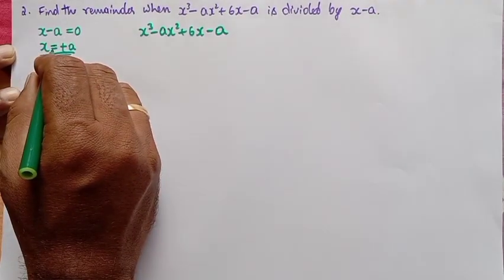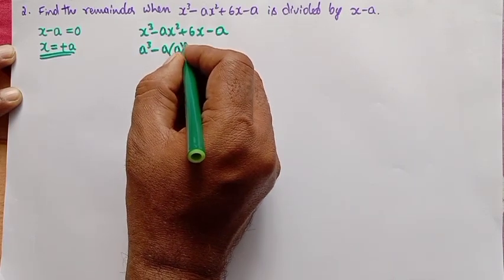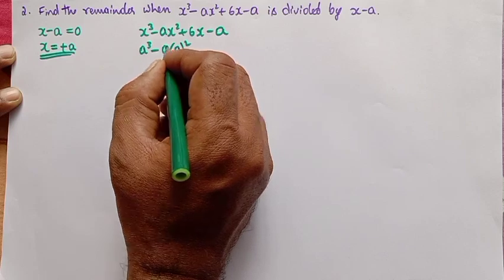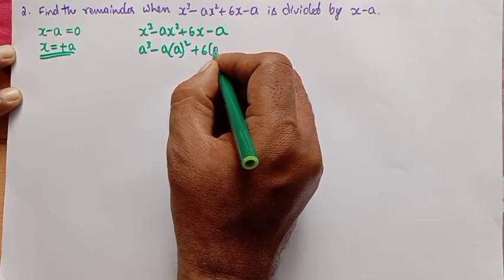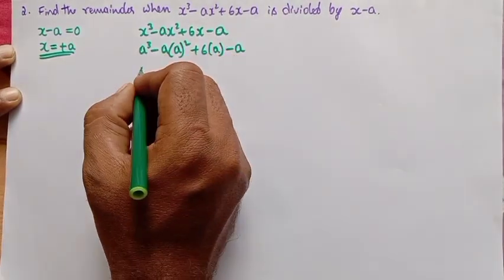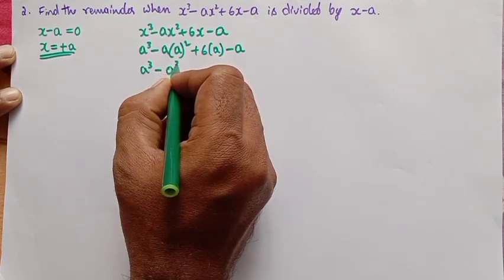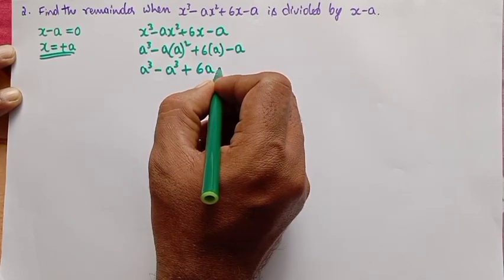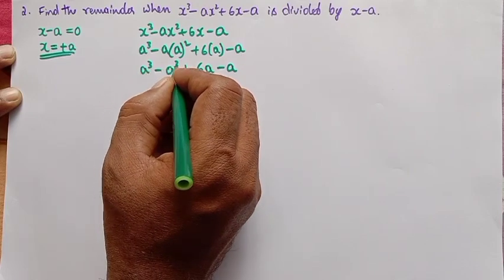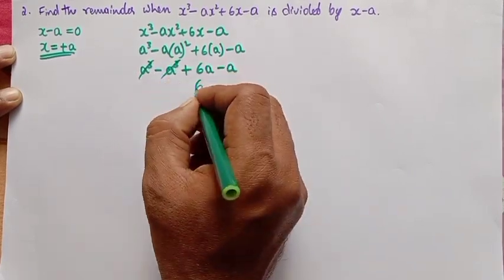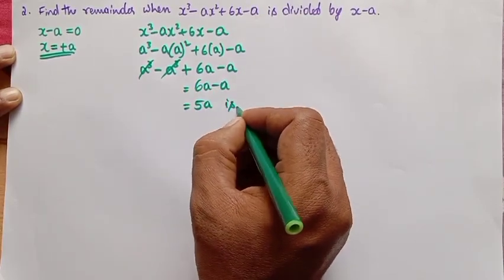So x is equal to a. So a cube minus a into a whole square, since instead of x we should write a, plus 6 into a minus a. So a cube minus a into a square is a cube, plus 6a minus a. Here a cube minus a cube cancels. 6a minus a is equal to 5a, which is the remainder.